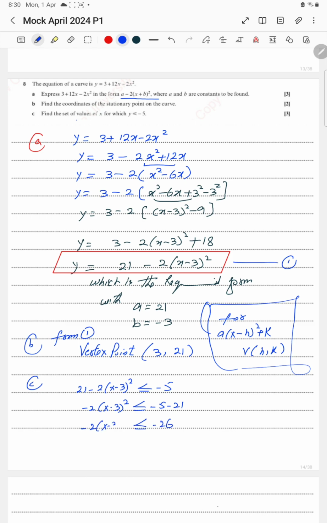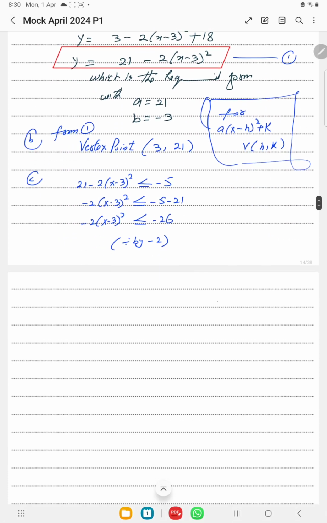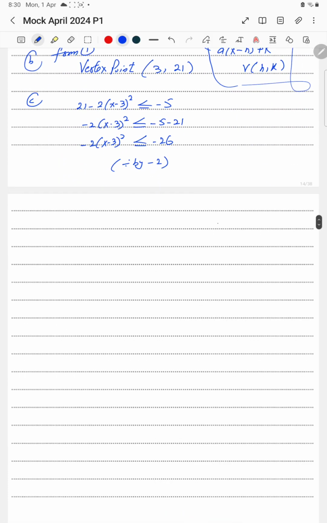Once you divide by minus 2 on both sides, don't forget to change the direction of the inequality. So we'll get x minus 3 whole square is greater than or equal to 26 by 2, then minus minus goes, it becomes 13.